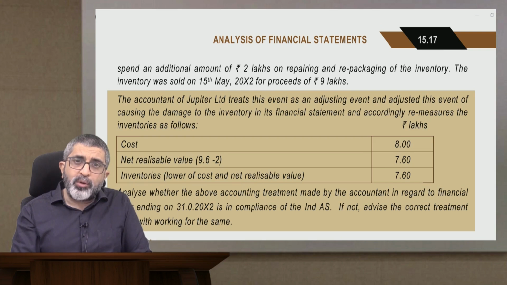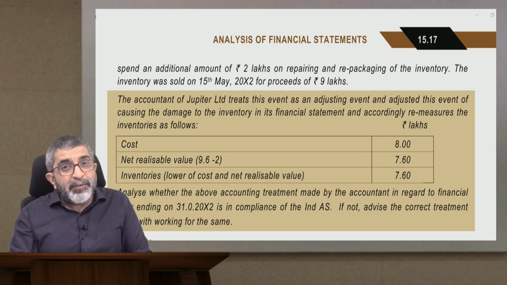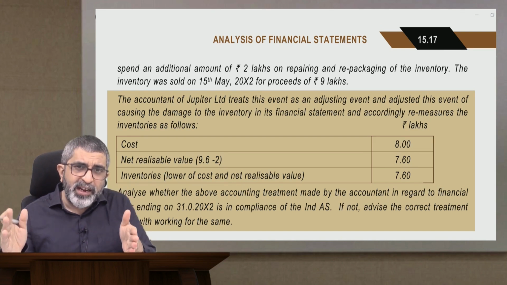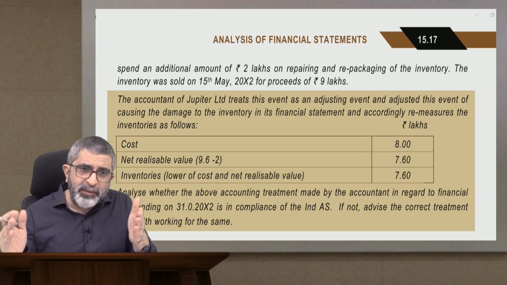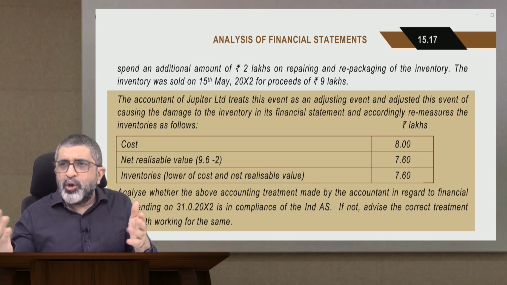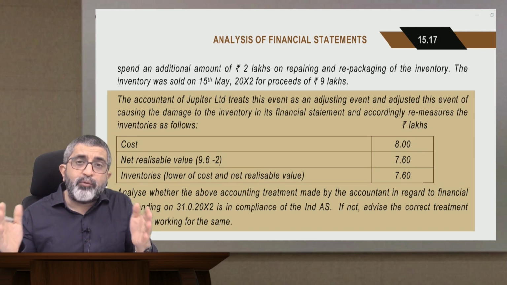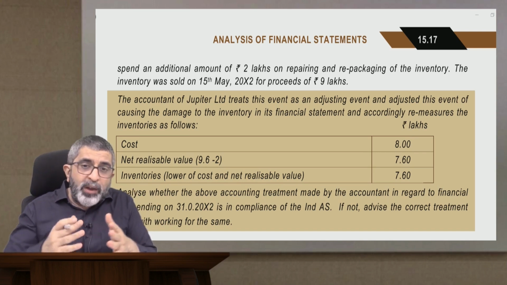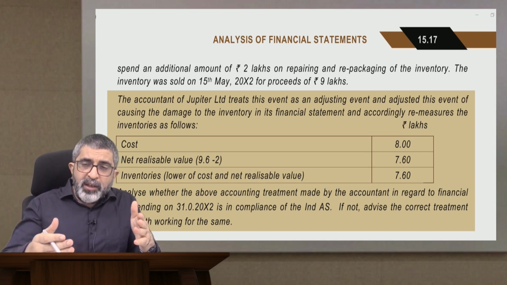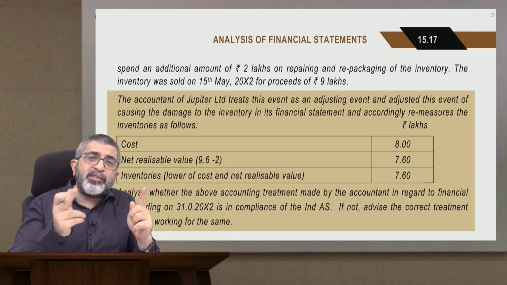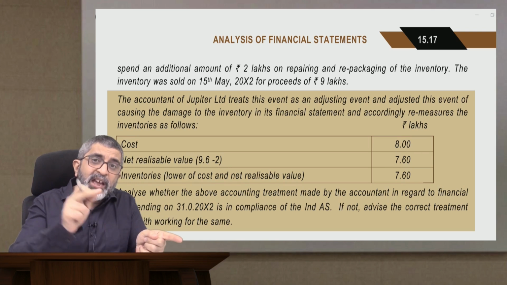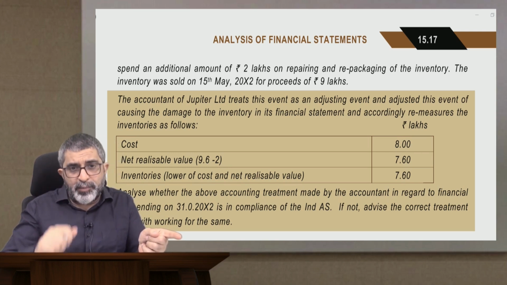Particularly if we talk about events after the reporting date, these can be principally classified into two different categories of events: adjusting events and non-adjusting events. Now, you would have learnt it very clearly what adjusting events are. It is when the occurrence of the event is further evidence of conditions or situations that were already existing at the balance sheet date or at the reporting date.